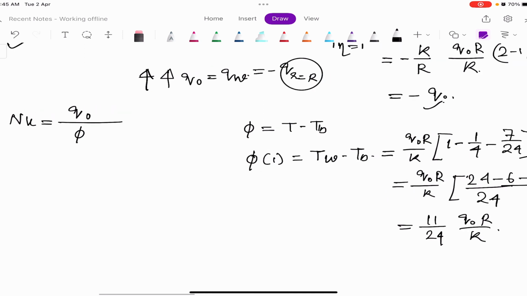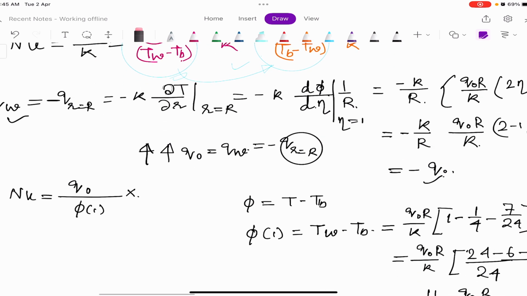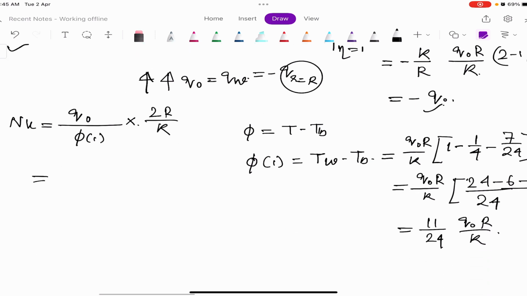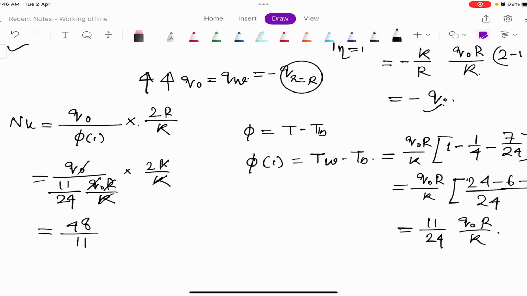So this is equal to T wall minus Tb. So this is phi of 1 into 2R by k, and this is equal to q naught. So phi of 1 is 11 by 24 q naught R by k into 2R by k. So R by k cancels out, q naught cancels out, and this becomes 48 by 11, that is 4.36 maybe.